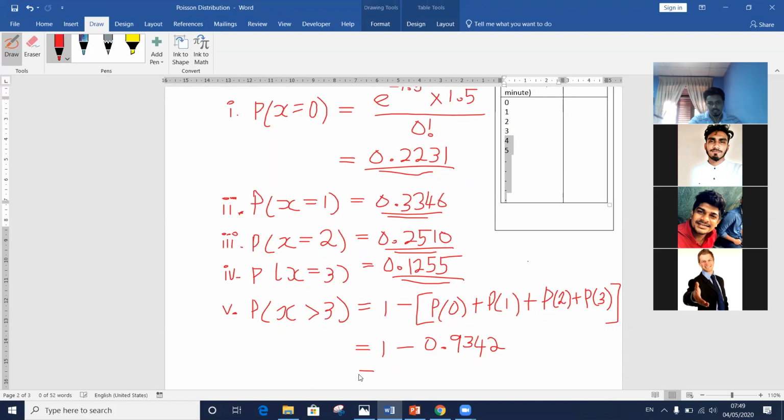It means, what is the probability of getting more than 3 calls per minute? You know what the answer should be. 0.0658. 0.0658 should be the final answer.